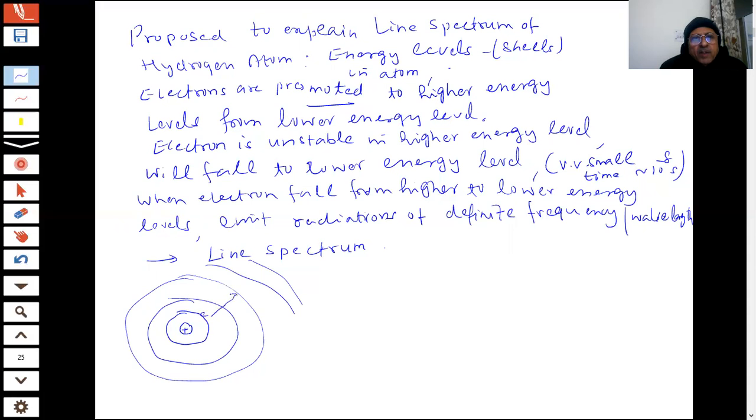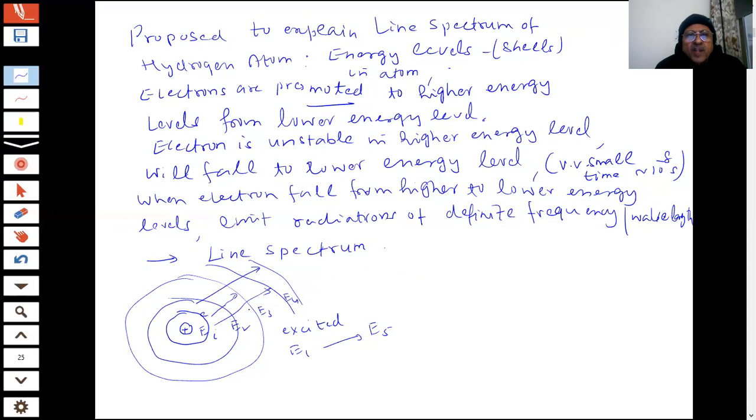They are excited to higher levels when they absorb light, student. If this is energy E1, this is energy E2, E3, E4, like this. The electron goes from E1 to, supposing, E5, higher energy. It will go to many, because there are millions of atoms, and then they fall back.